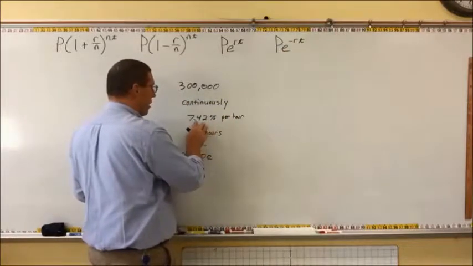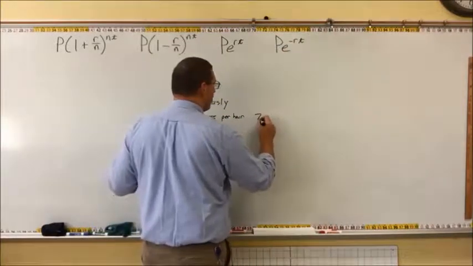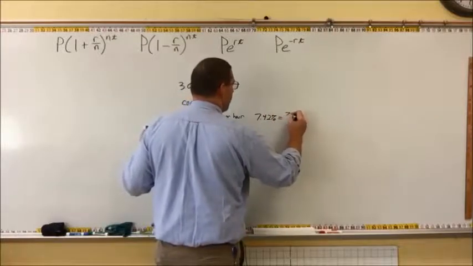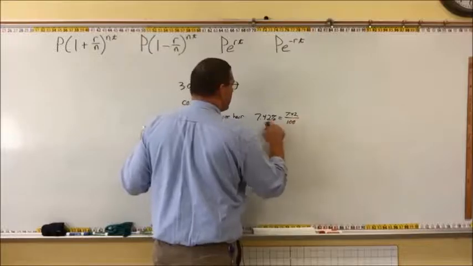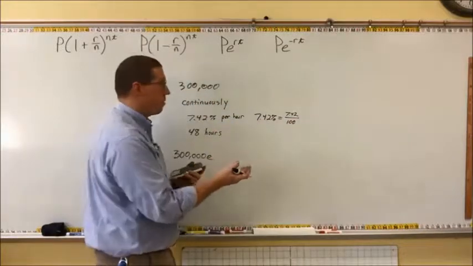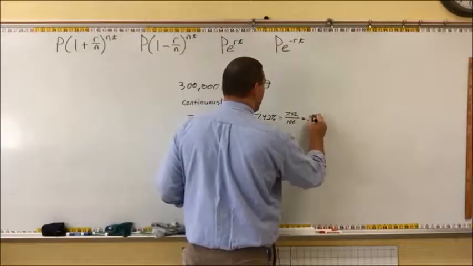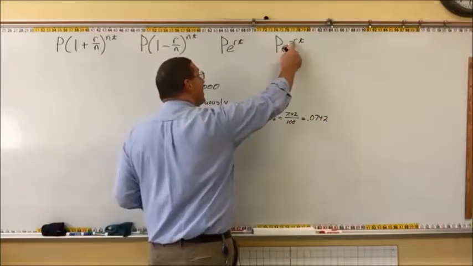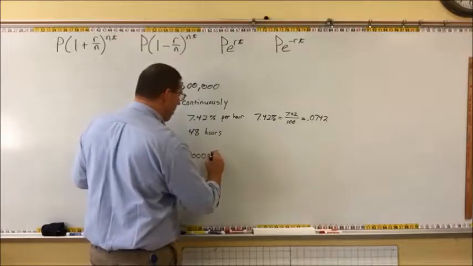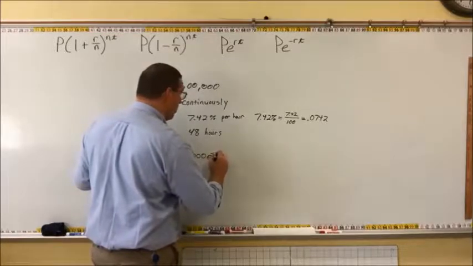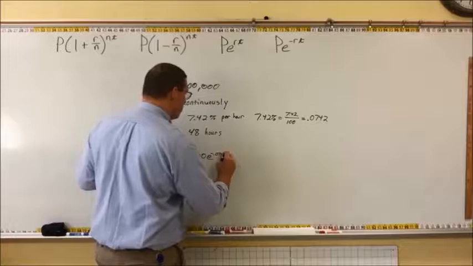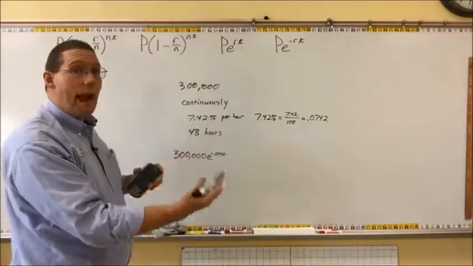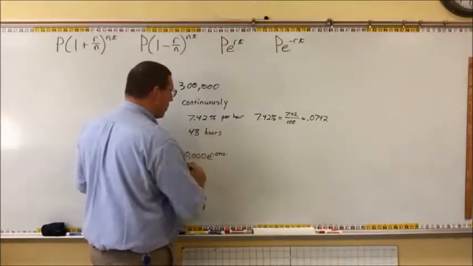Well, what is R in this case? R is the decimal version of 7.42%. Well, that would be 7.42 divided by 100. Or we can just move the decimal point over 2 places, which would give us 0.0742. But remember, this is negative R. So this is to the power of negative 0.0742 times T. T is in hours, and we want to know how many after 48 hours.